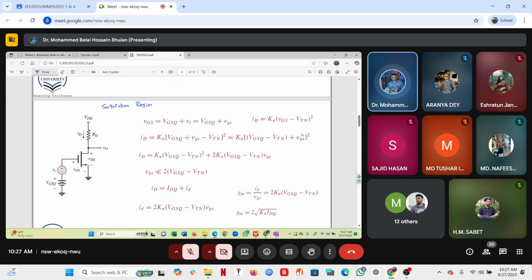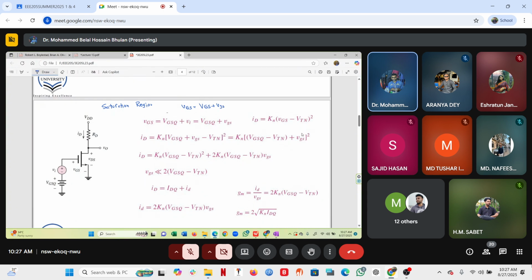And what is the VGS? The instantaneous VGS has two components: VGS equals VGS plus small signal VGS.